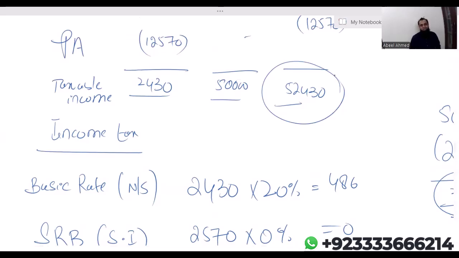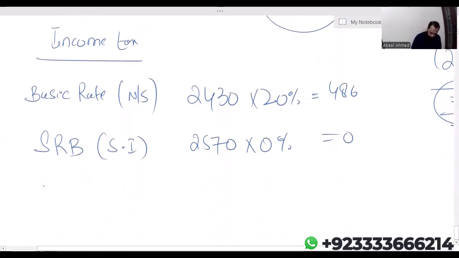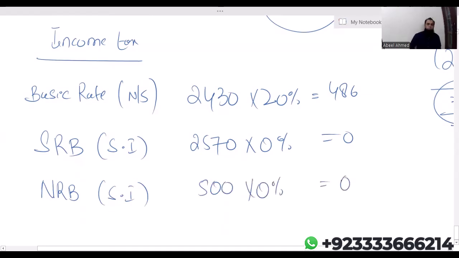Basic rate band ends at 37,700, so this individual is a higher rate taxpayer. So they get nil rate band of £500 for the saving income. Nil rate band saving income: £500 into 0% is obviously 0.